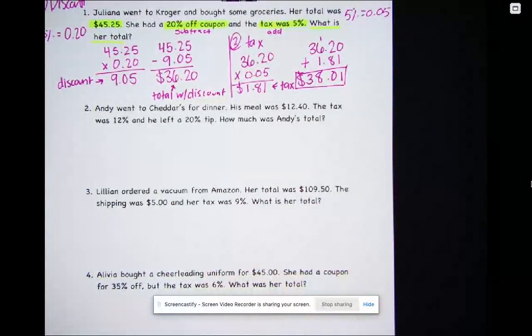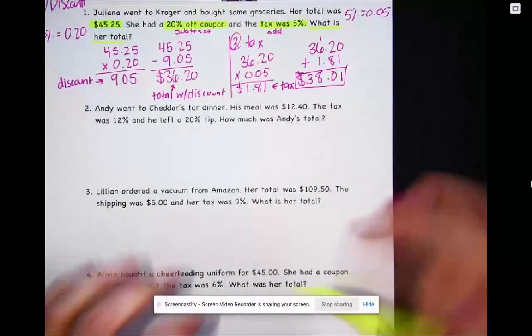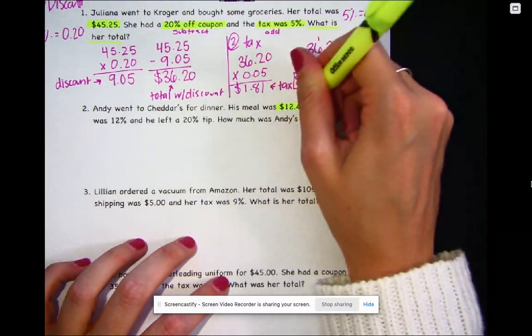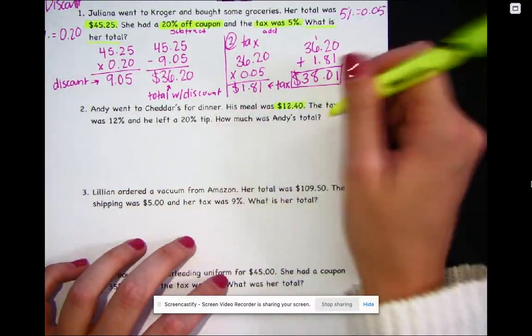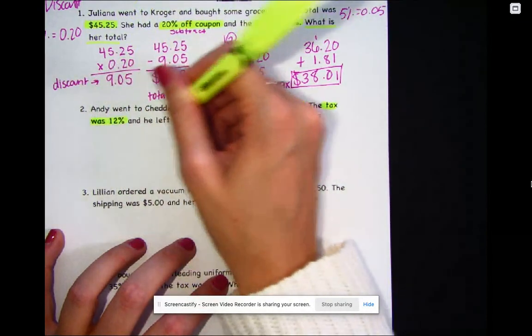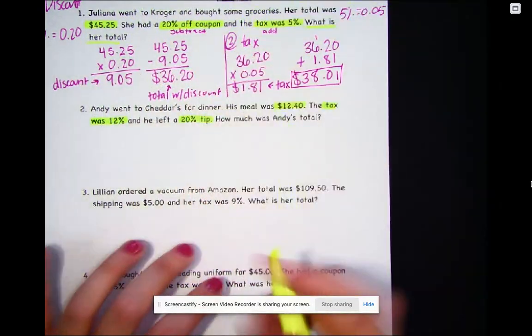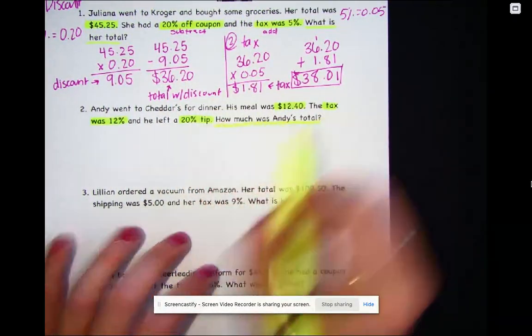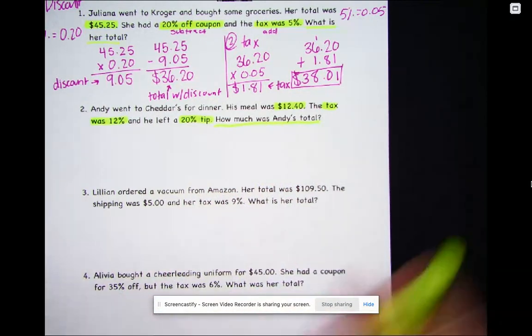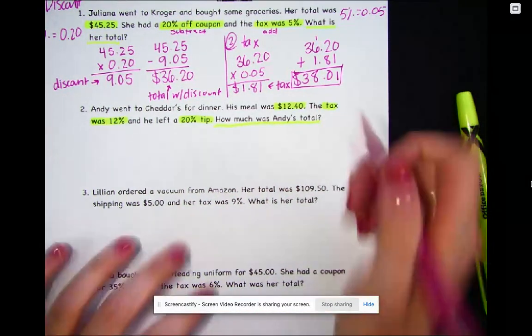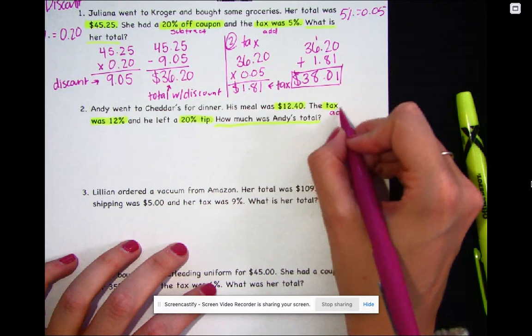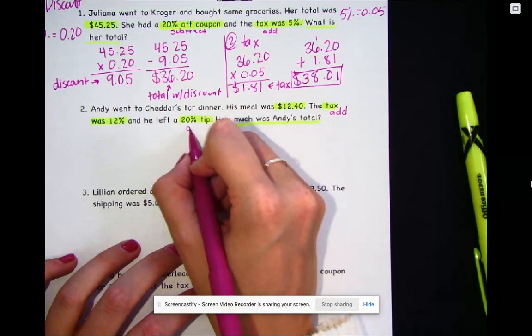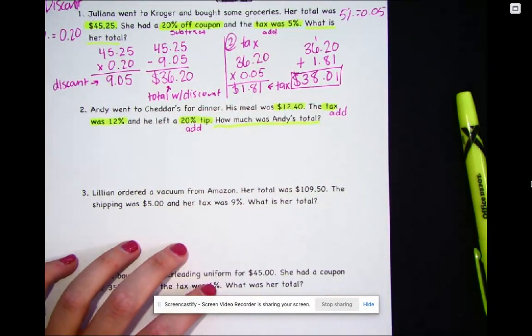Number two says Andy went to Cheddar's for dinner, and his meal was $12.40. The tax was 12%, and he left a 20% tip. How much was Andy's total after all of that? Okay, we know that tax means we're going to add, and we know that tip means we're going to add after we multiply, right?